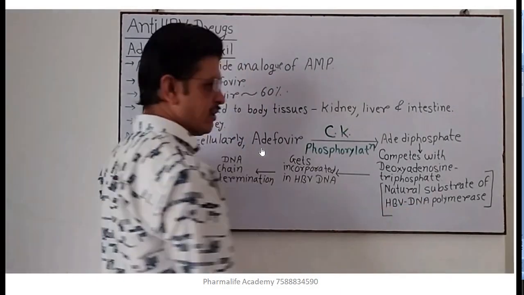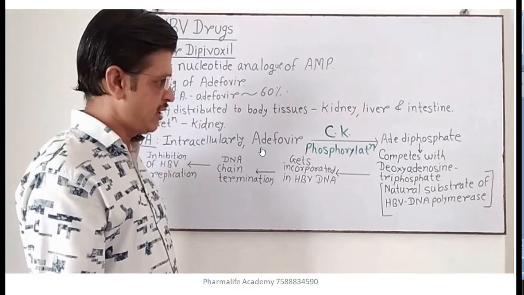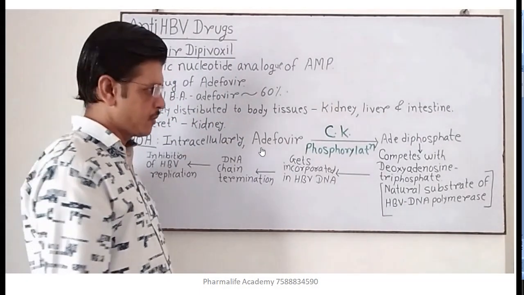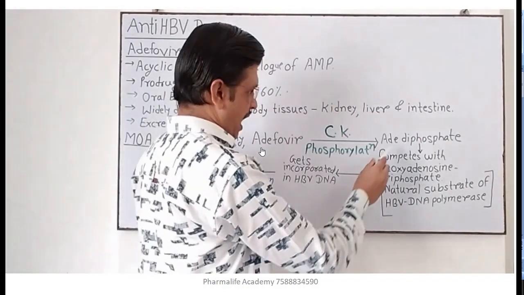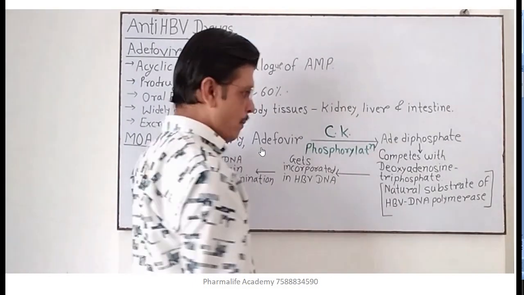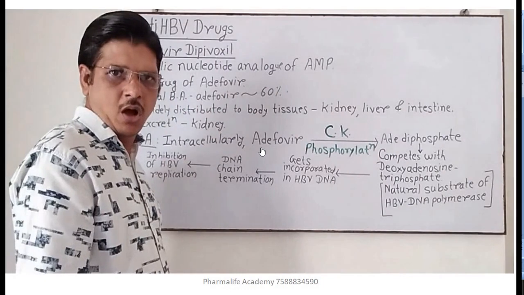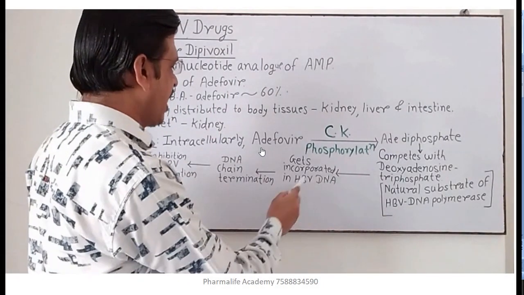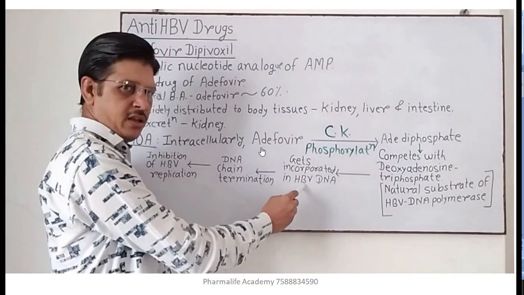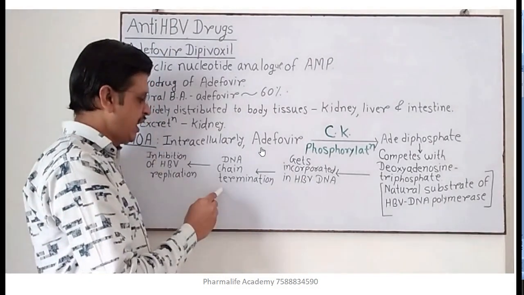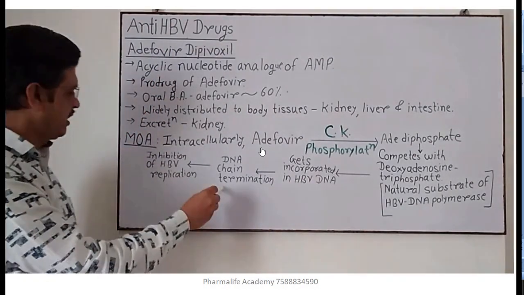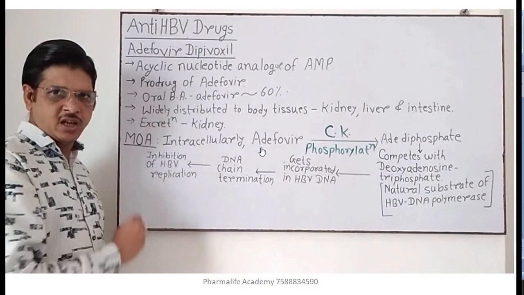DNA polymerase is also known as reverse transcriptase. At this step, adefovir diphosphate competitively inhibits DNA polymerase. Also, it gets incorporated in HBV DNA, leading to DNA chain termination and inhibition of HBV replication.